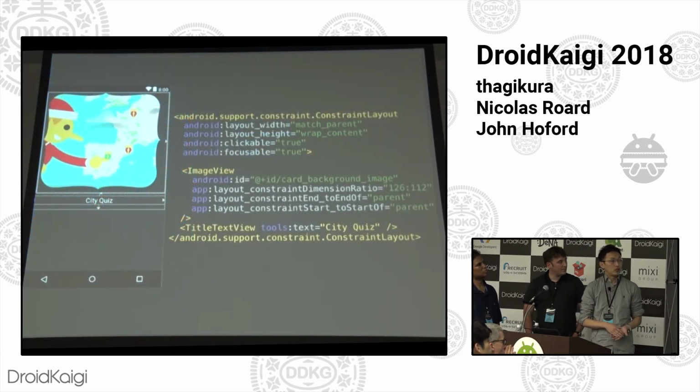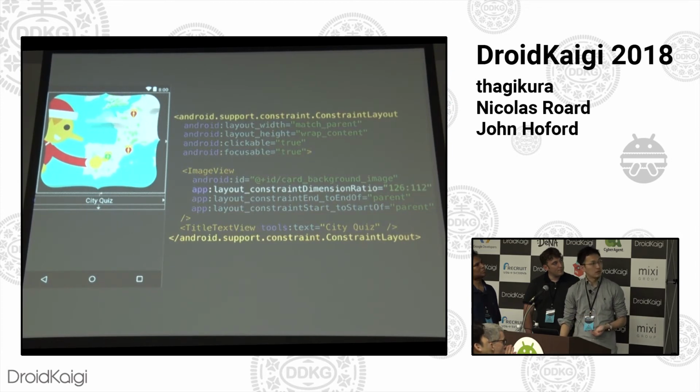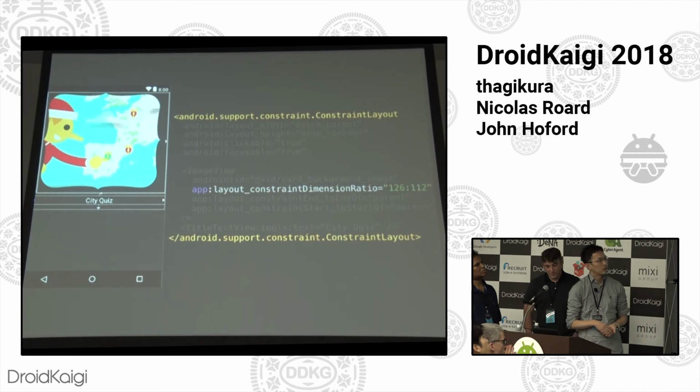This is the actual XML used for the view holder. As you can see, the root view is ConstraintLayout. And the constraint dimension ratio is specified in its image view to keep the ratio.